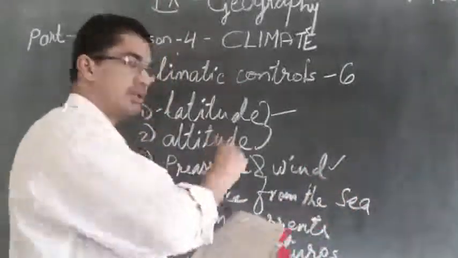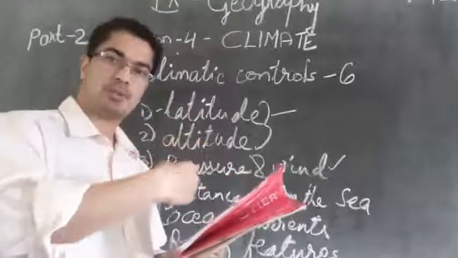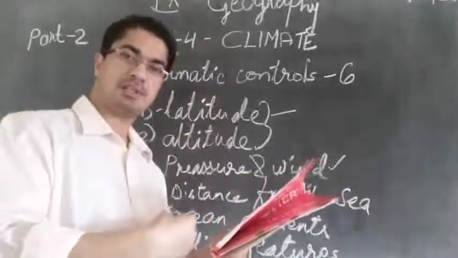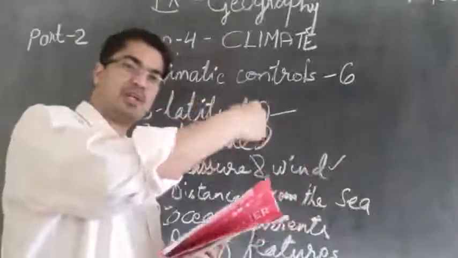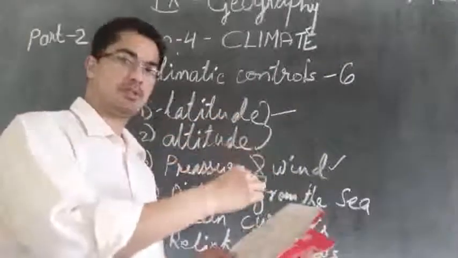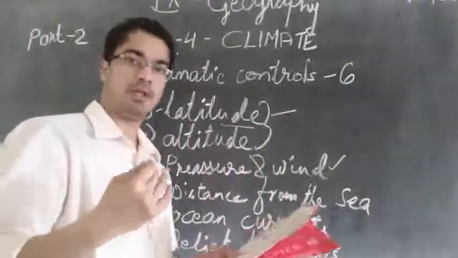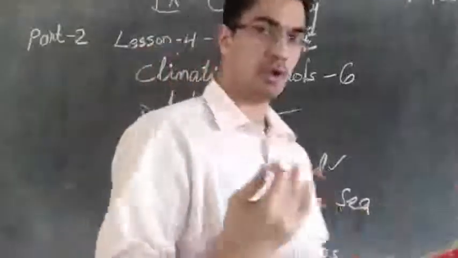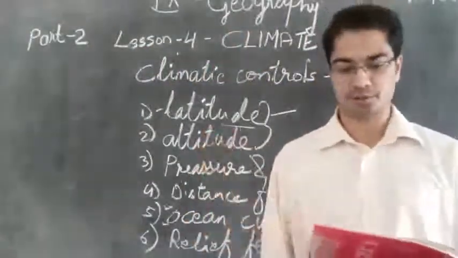So the southern part of India is experiencing high temperature, and the northern part of India is experiencing another temperature. It is because of this latitude, the location of India on the globe.